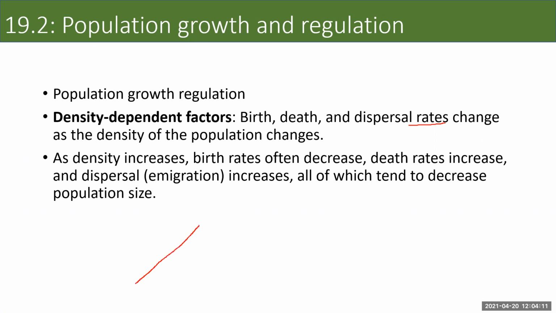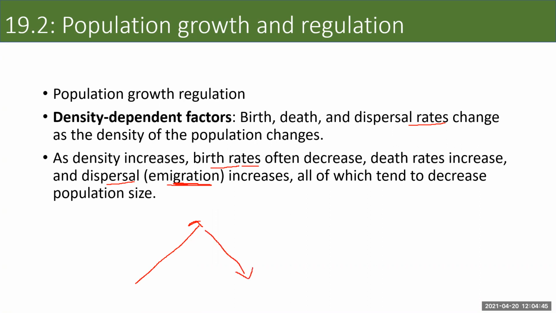So as density increases, your birth rates will go down, your death rates go up, and organisms leaving the population will increase. And so your population will decrease in size. If you have lower birth rates, higher death rates, and also a large number of individuals leaving the population, then your population will start to fall back down.